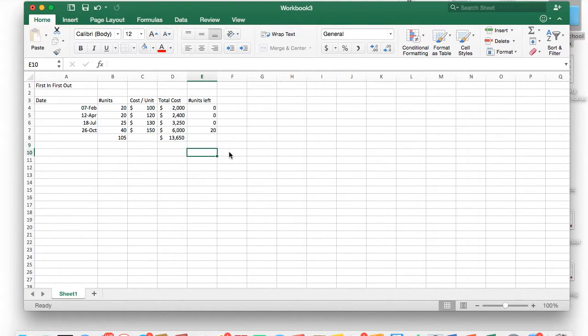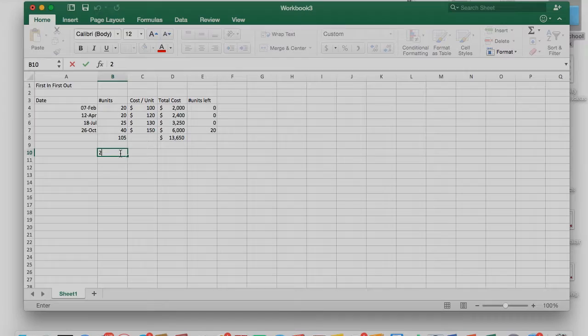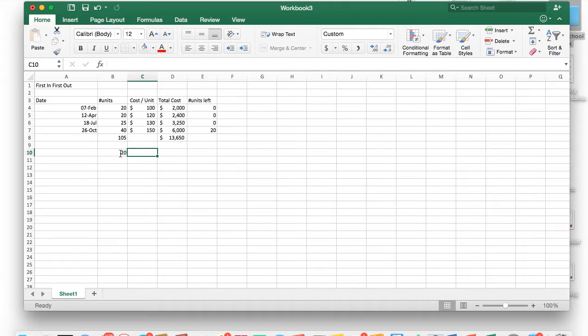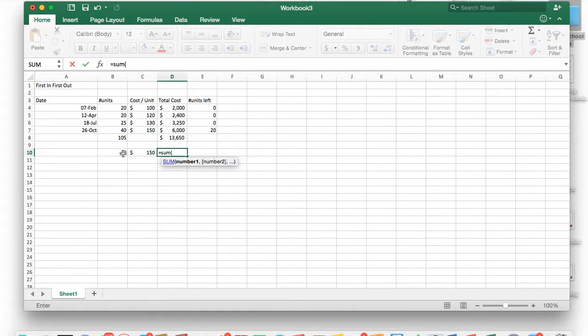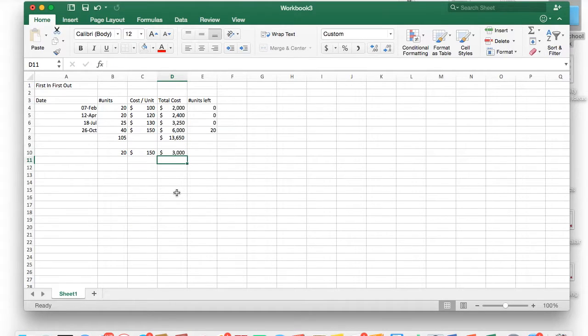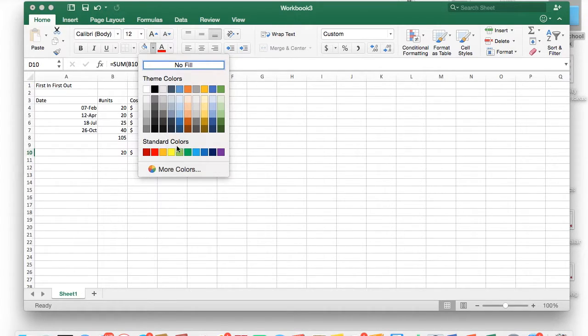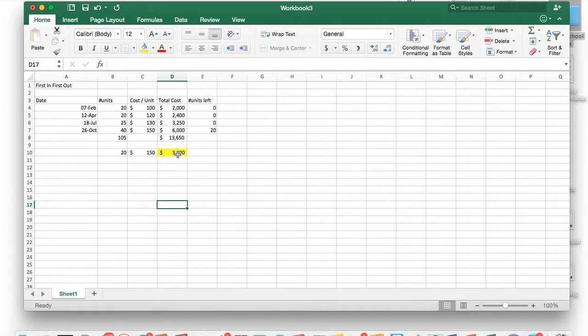Okay. We only have 20 remaining at a purchase price of 150 per unit. So here, we'll just multiply 20 by 150, and we'll get 3,000. I'm going to highlight this number, because this number is our ending inventory.